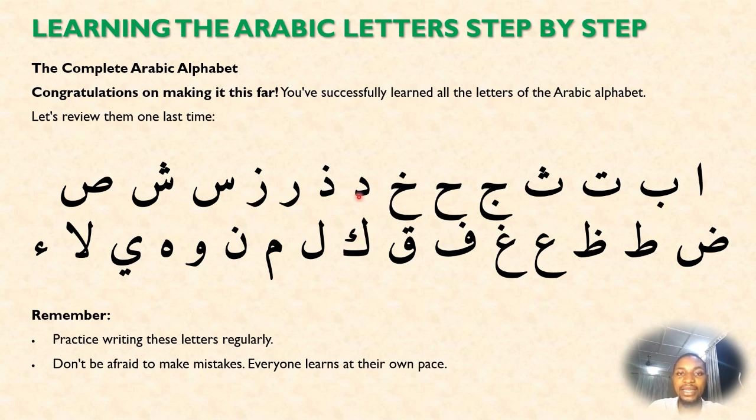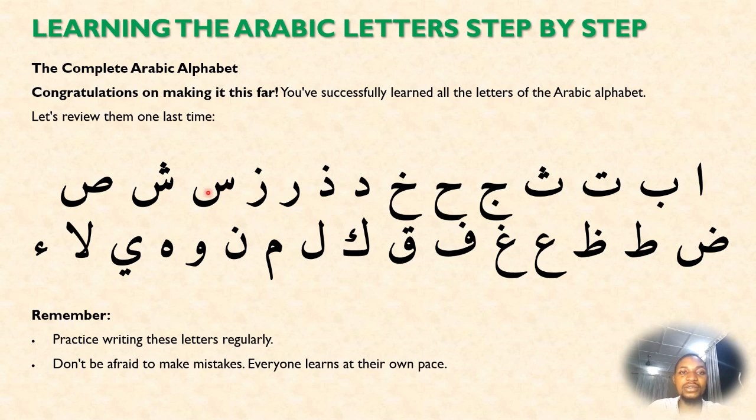We have dal and dhal, the same shape. Dal no dots, dhal one dot above it. We have ra, we have zai, both have the same shape. Ra has no dots, zai has a dot above the letter. We have sin and shin.